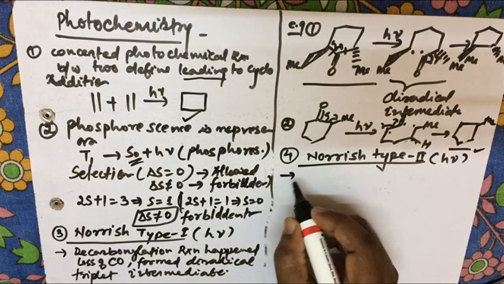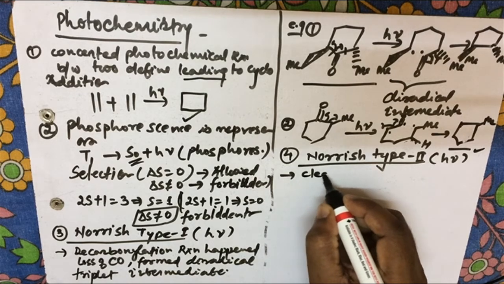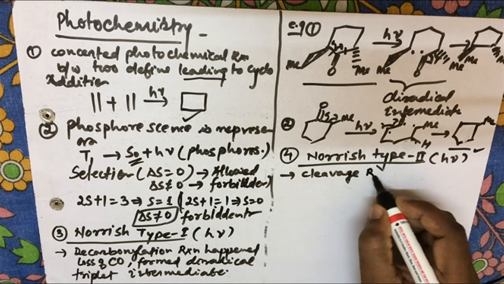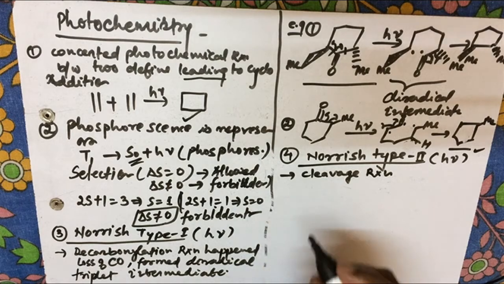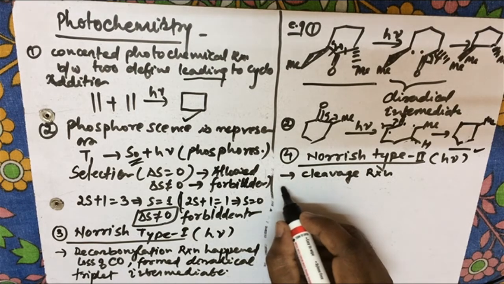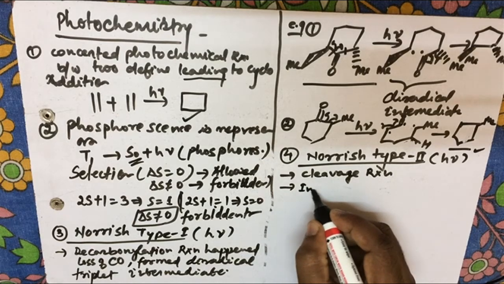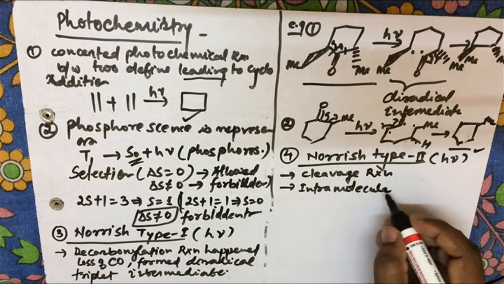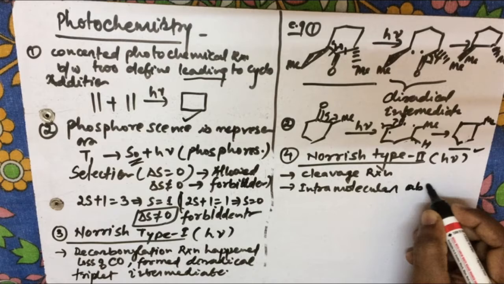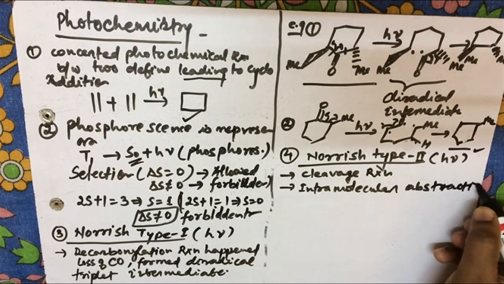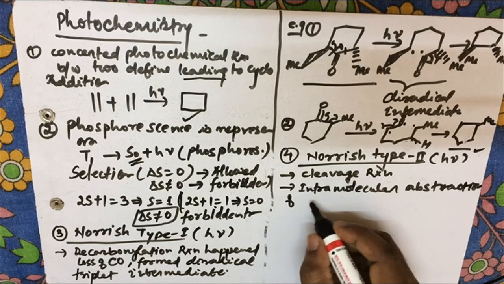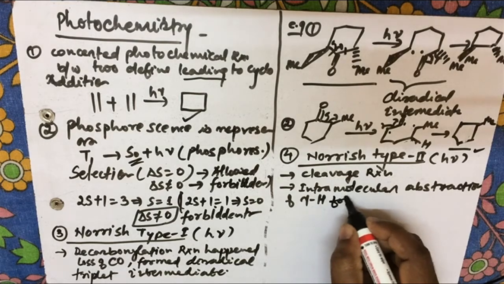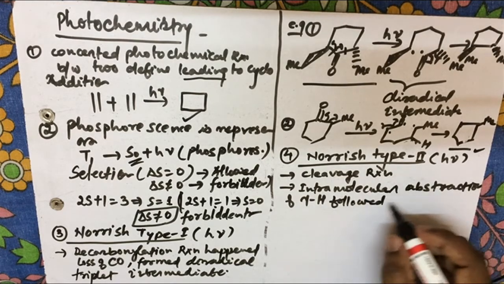The points are: number 1, a cleavage reaction happens, and it undergoes intramolecular abstraction of gamma hydrogen, followed by cyclization of the diradical.